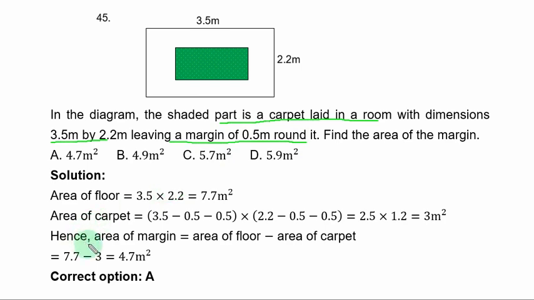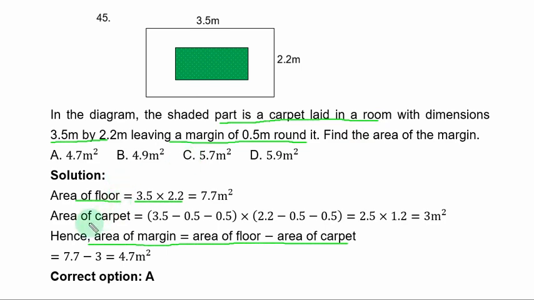Now, the area of the margin is the area of the floor minus the area of the carpet. For the outside floor, the dimensions are 3.5 by 2.2. So the area of the floor is 3.5 times 2.2, and that is 7.7 square meters.